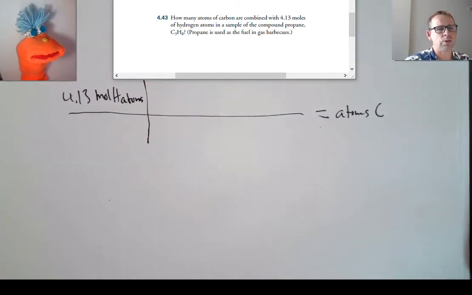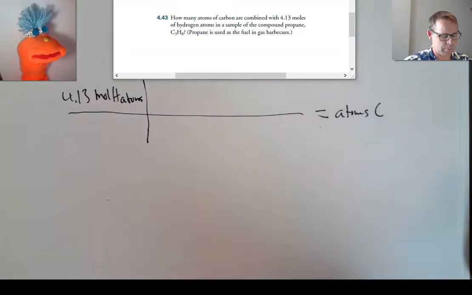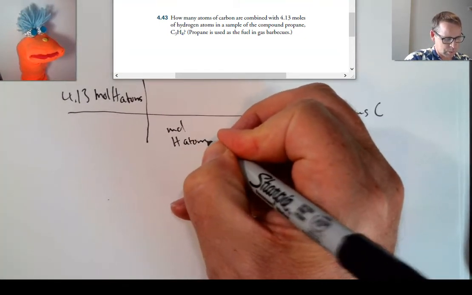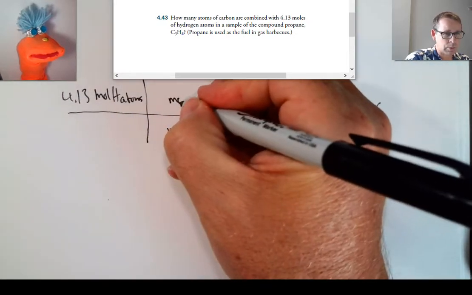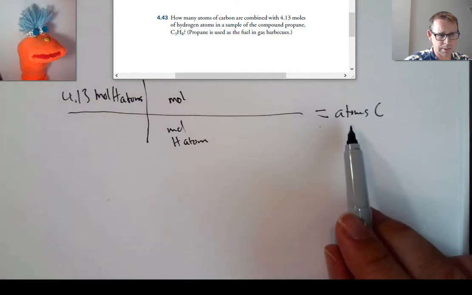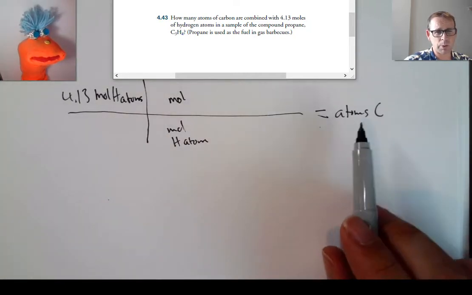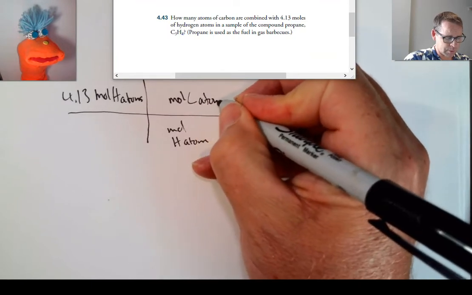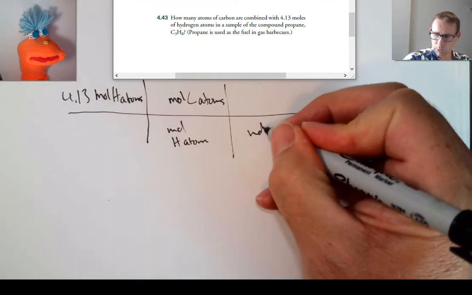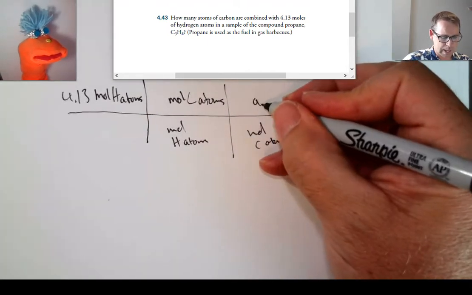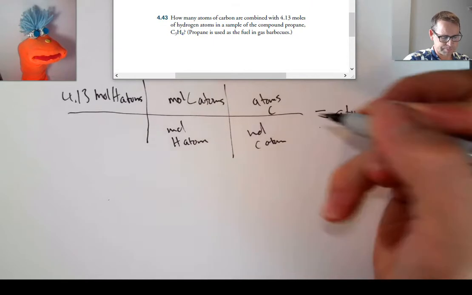Very good. So, if I want to relate moles of hydrogen atoms to moles of, well, they're not. We're not asking moles of hydrocarbon. We're asking just atoms. So we need to go to moles of carbon atoms first, and then we can go from moles of carbon atoms to just atoms of carbon.